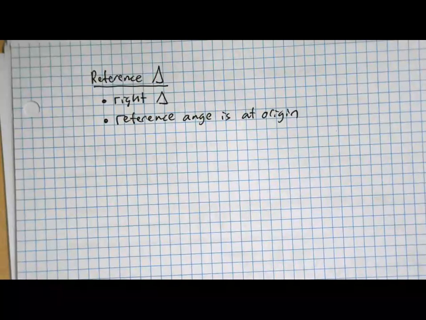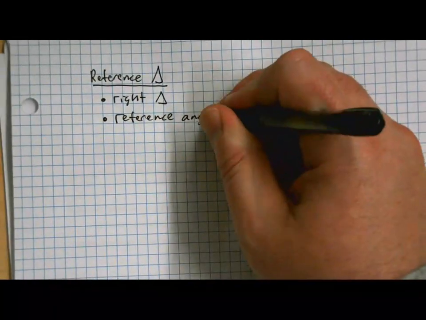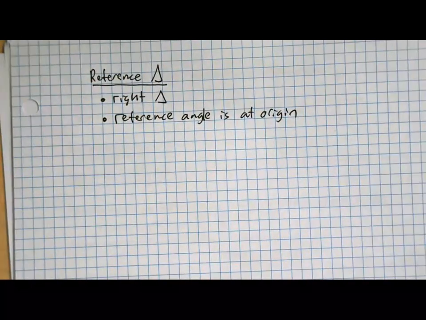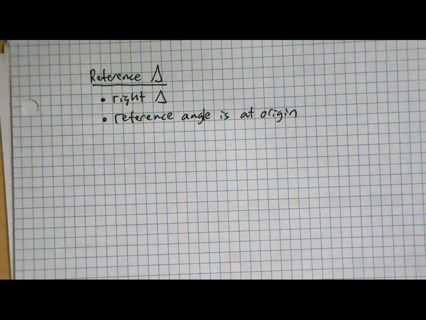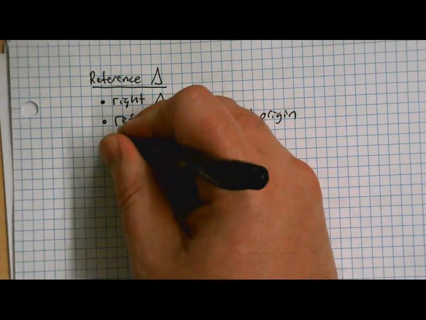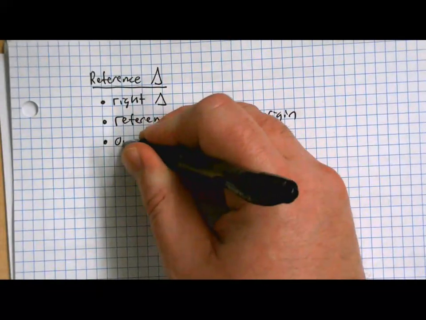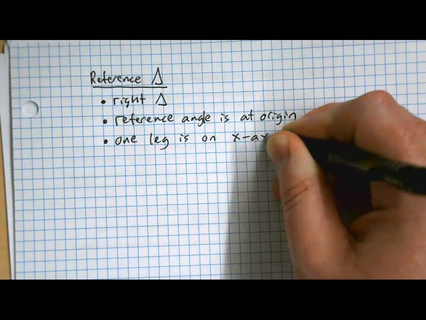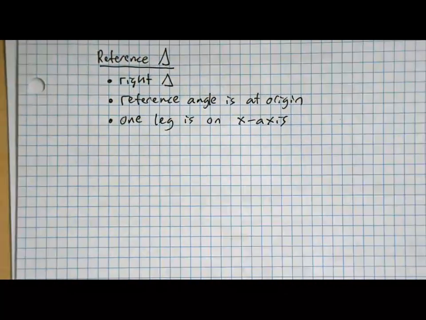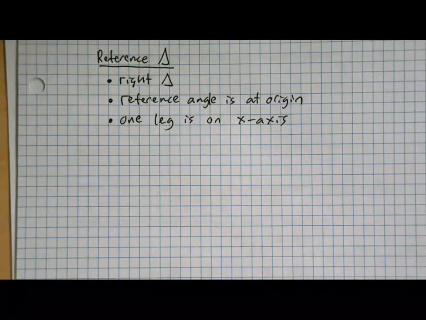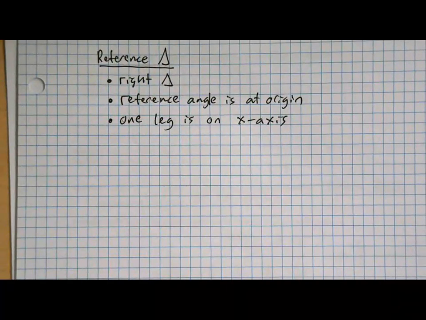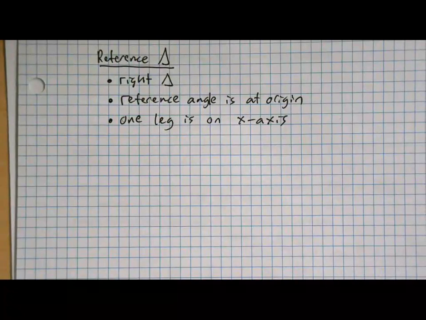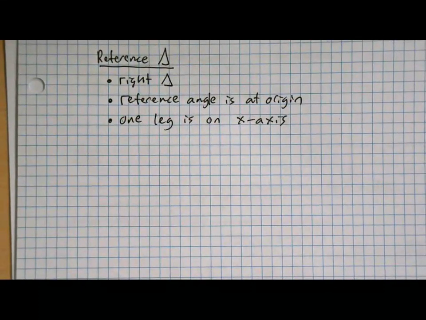So we're going to position it so the reference angle is at the origin, and one leg is on the x-axis. So those are the key rules for a reference triangle. We're going to be drawing lots of reference triangles in this unit.